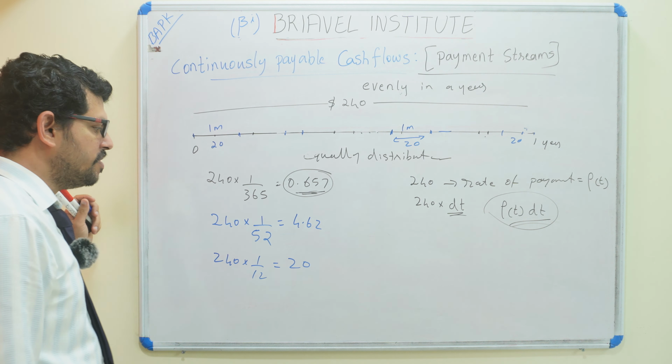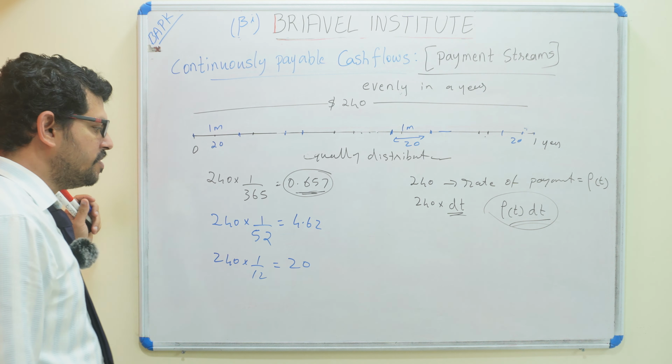So $240 is a constant per year, and 240 is my rate of payment per year, represented by rho t. For any small time interval, rho t multiplied by dt gives my payment in that small time interval.